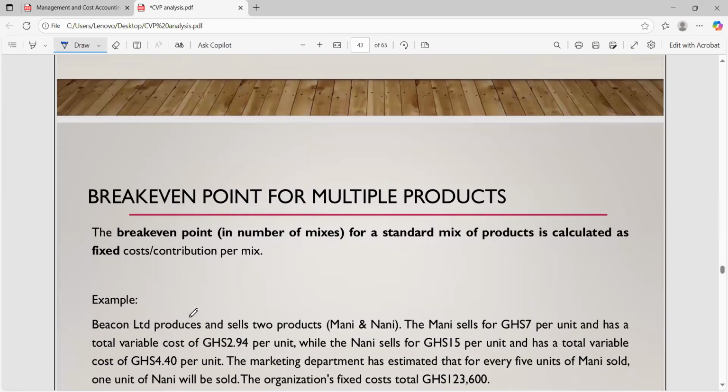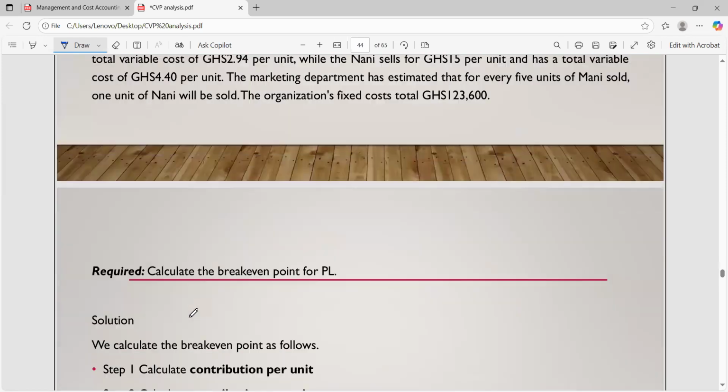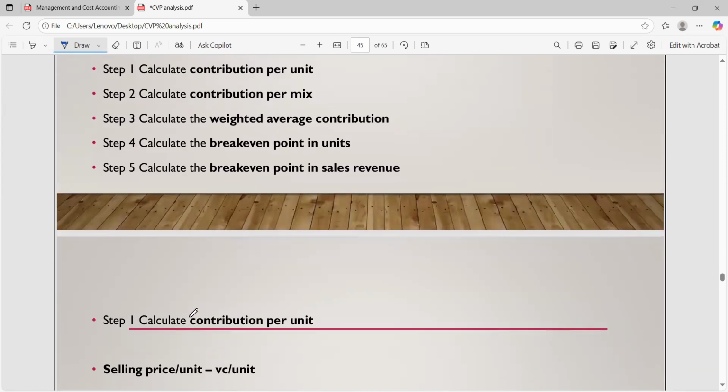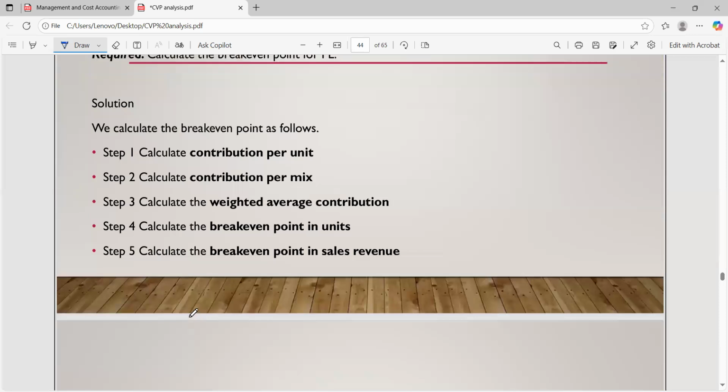Average contribution per mix. So to be able to find multi-products, these are the 5 steps that you need to follow. You first need to determine their individual contributions. Then you determine the contribution per mix. Then you find the weighted average contribution.